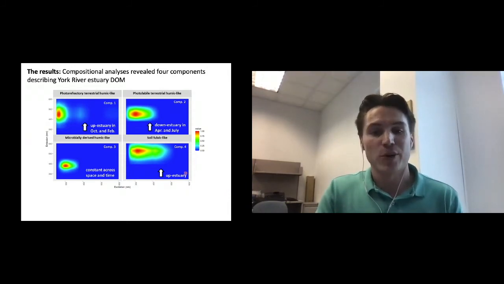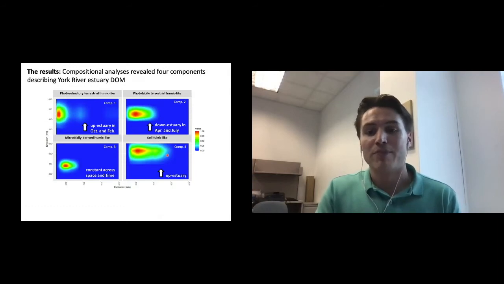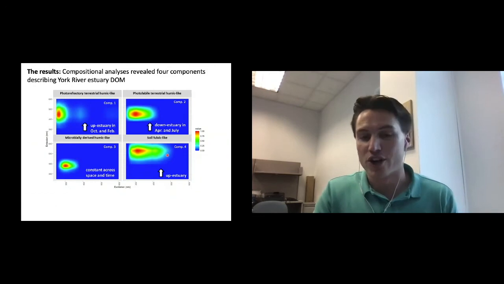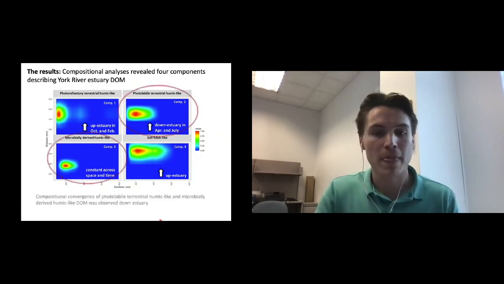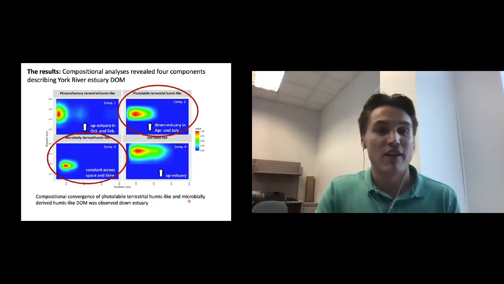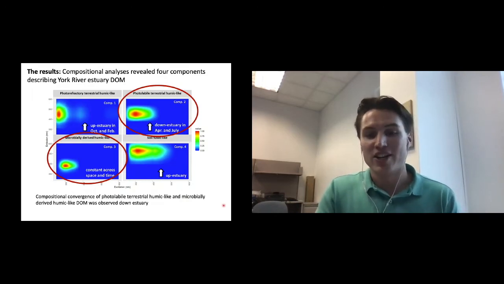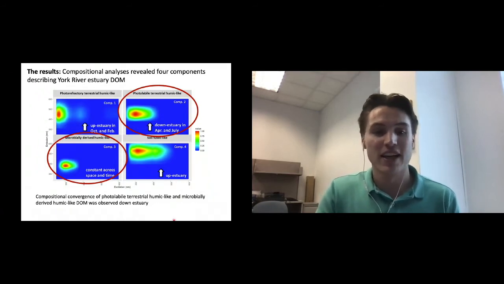And then lastly, the soil fulvic-like component was consistently more abundant up estuary, which makes sense if we consider that this might have been from the watershed. And lastly, I will also note that there is a convergence of these components as you move down estuary, and that stations furthest down estuary were only comprised of these two components. And I'll get into that in a bit, as far as diving into why we actually saw these differences in composition.